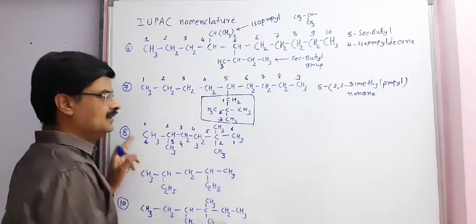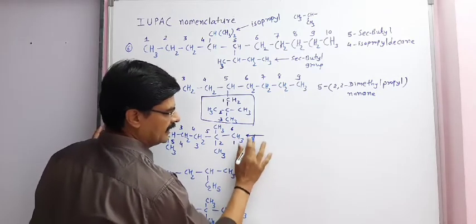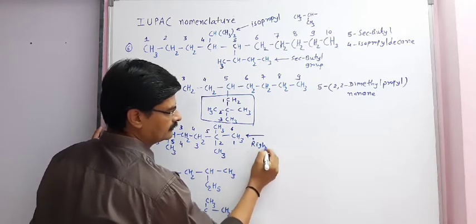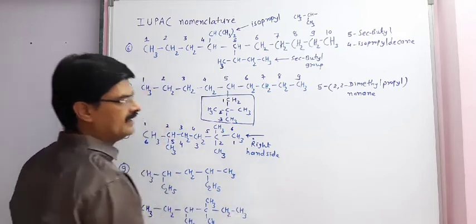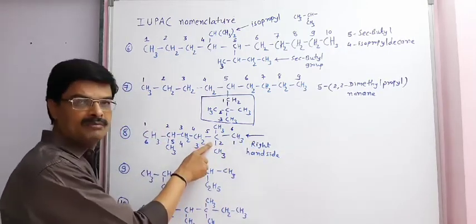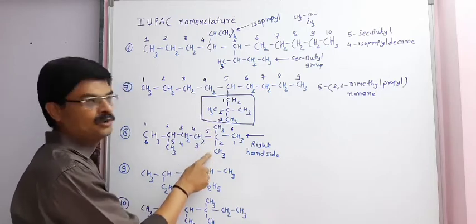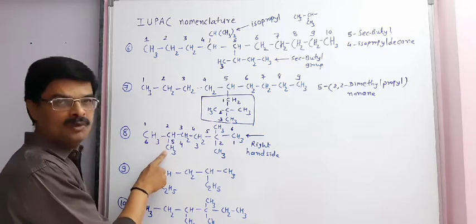But correct one is to write giving number from right hand side. From right hand side the number is correct, because here on carbon number 2 we have 2 methyl group, and on carbon number 5 also we have one more methyl group.